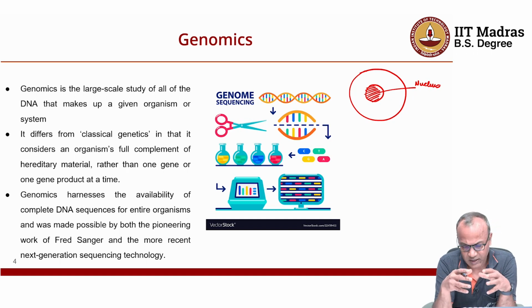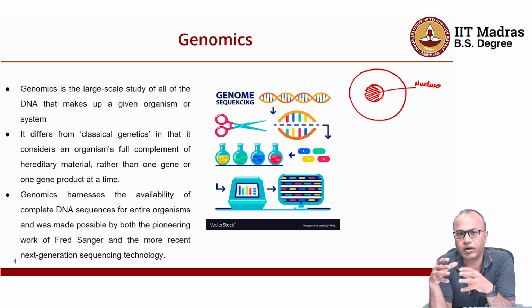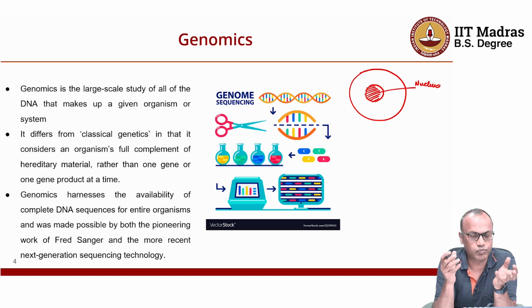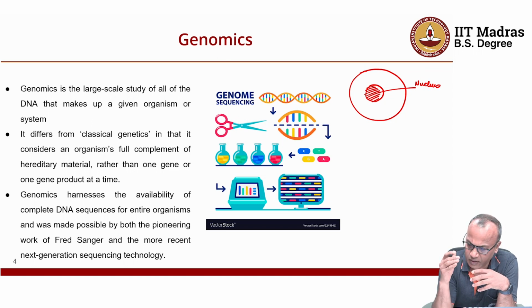And genomics in one sense differs significantly from classical genetics, which people have been studying for over 100 years, where the central dogma talks about one gene, in DNA, being converted into RNA, which is translated into a protein.